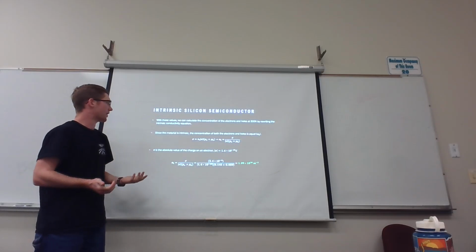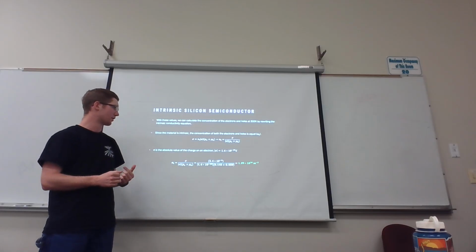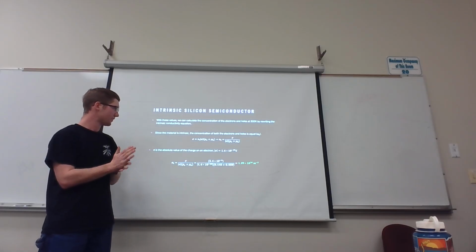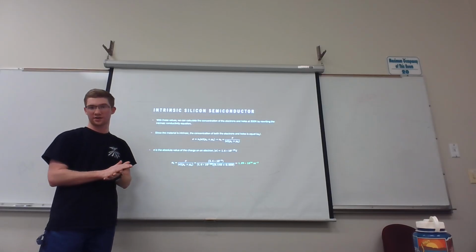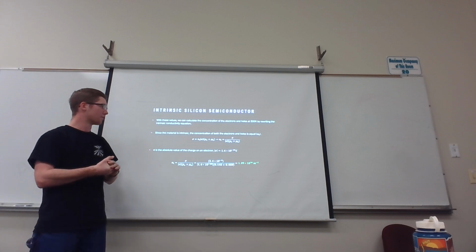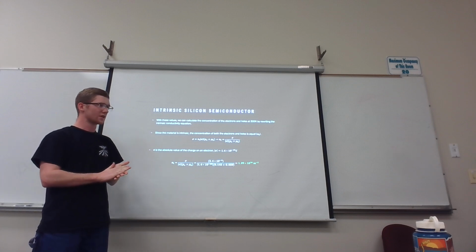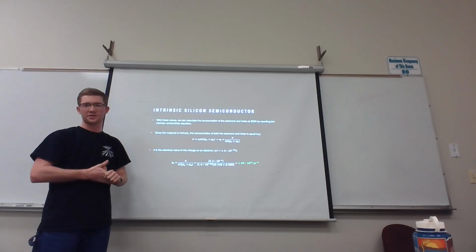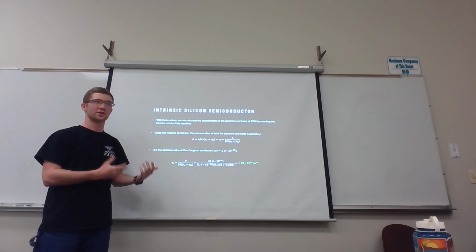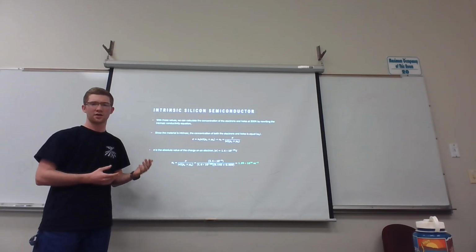So with these values, we can reverse engineer our conductivity equation to figure out the concentration of these electrons and holes. Now, since this is an intrinsic semiconductor, the holes and the electrons are both going to be the same.